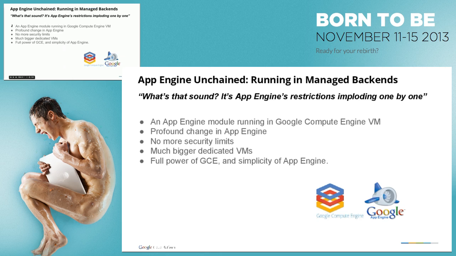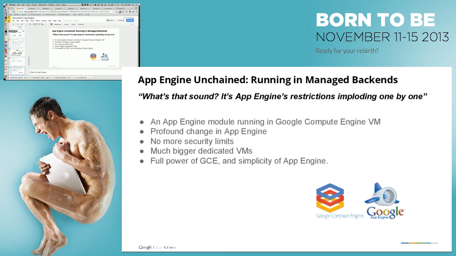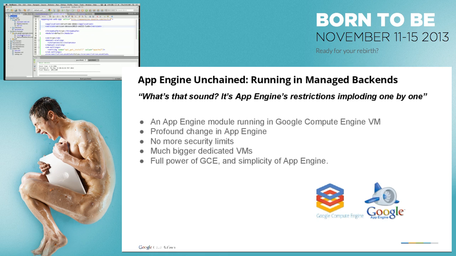In fact, if you look at the sample itself, I have a second servlet here called PDF, which is using this PDF generator library that you could not use in traditional AppEngine. Why? Because it's also using a lot of native code. Now you can use it. In fact, let's look at it. You can use PDF.